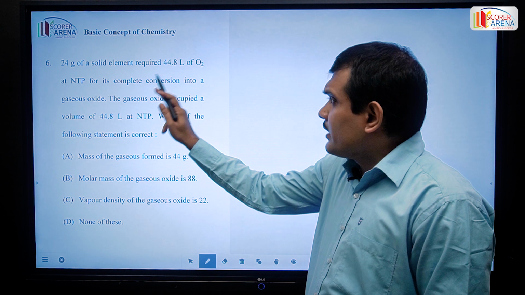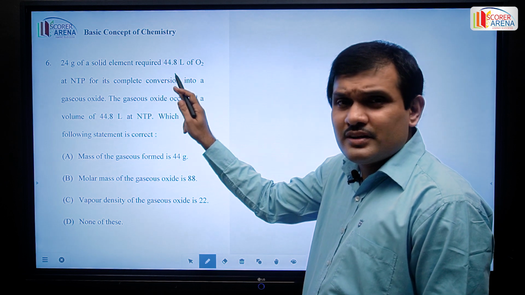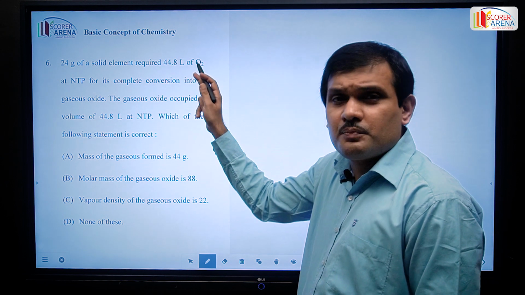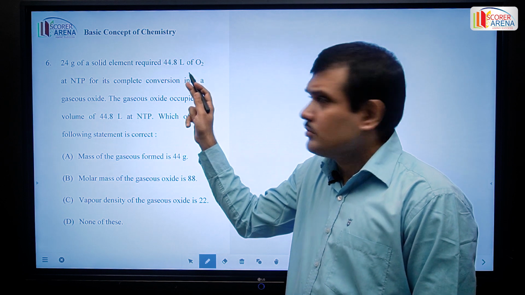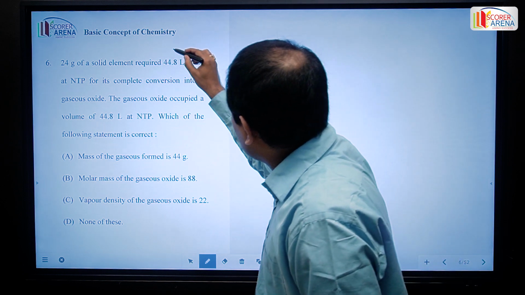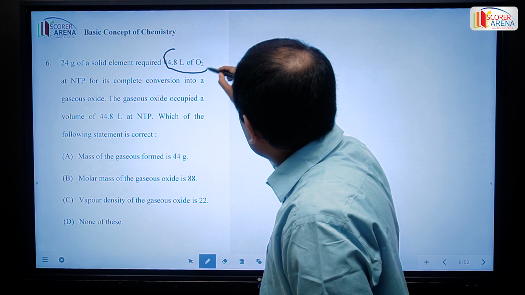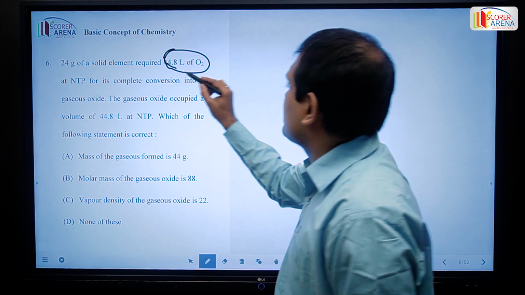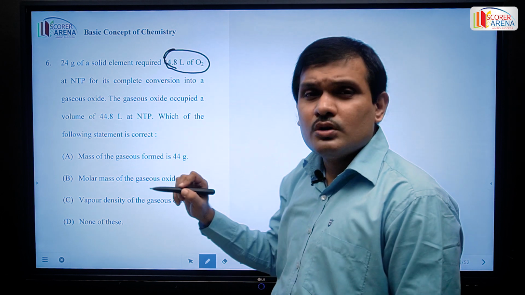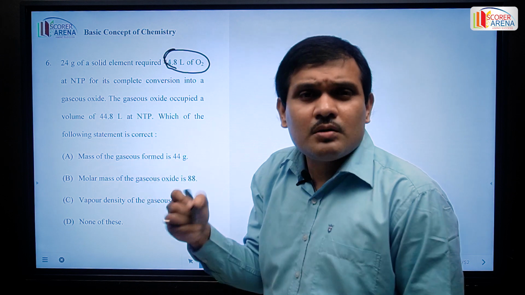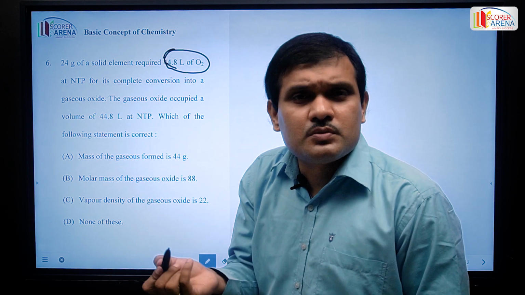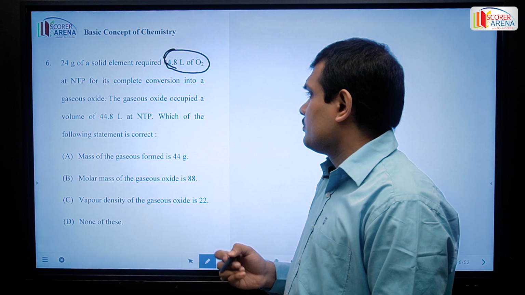So 24 gram of a solid element is burnt in presence of 44.8 liters of O2. That means 44.8 liters of O2 means 2 moles O2. That means 1 mole means 32 gram, 2 moles means it will be 64 gram of O2.